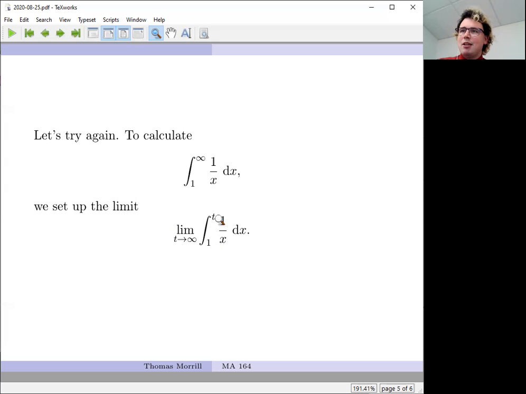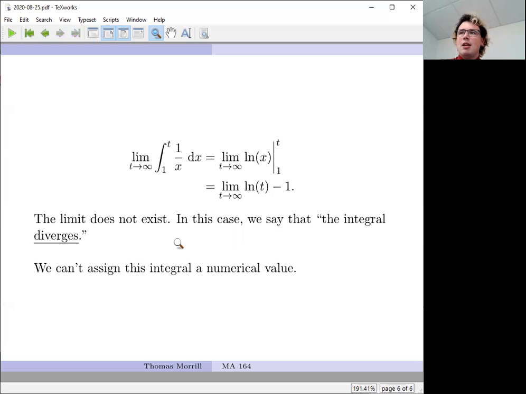I'm going to integrate the function 1 divided by x dx between 1 and t. t is some variable, but I can use the fundamental theorem of calculus inside the limit. This whole expression is defining a function of t, and I want to calculate the limit of that function as t goes to infinity. So the steps are, on the face of it, similar, but I use a different antiderivative.